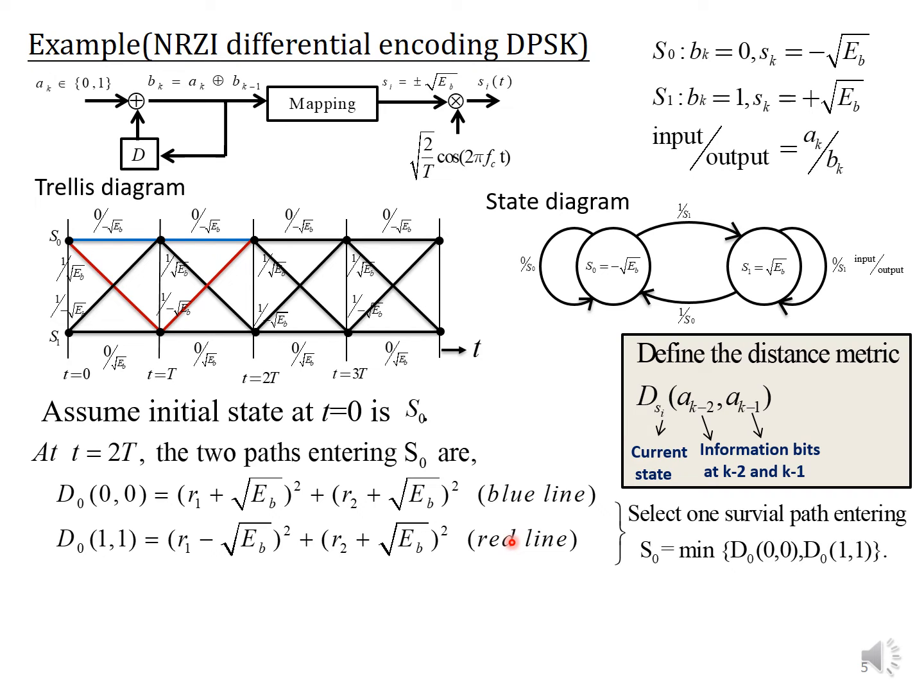And in this blue line and this red line, we can select one survival path. The survival path means that we compare the distance of this path and the distance of this path, and find the path that has the minimum distance.